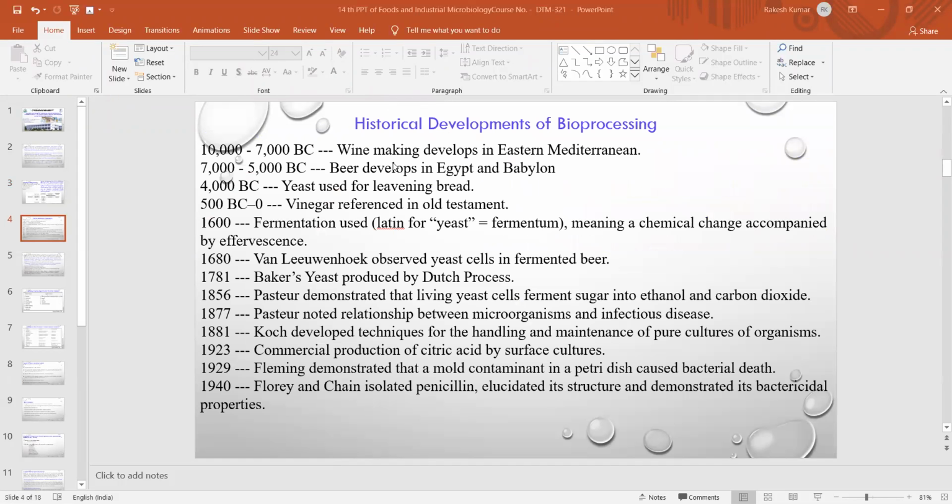You can go through this table and get an idea about the wine making process. Then beer developed in Egypt and Babylon in 5000 to 7000 BC. Then yeast use started in 2000 BC. Vinegar in 0 to 500 BC.